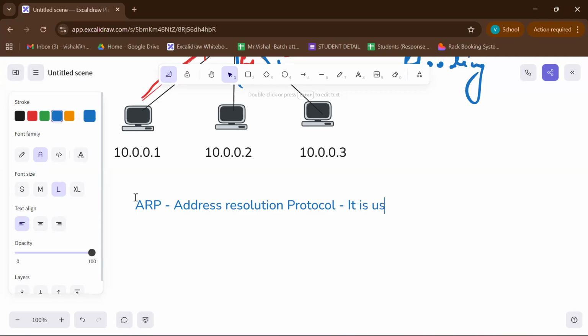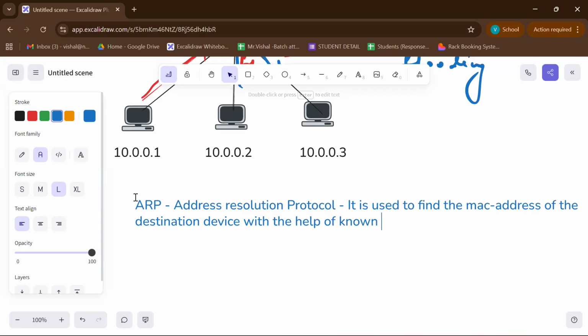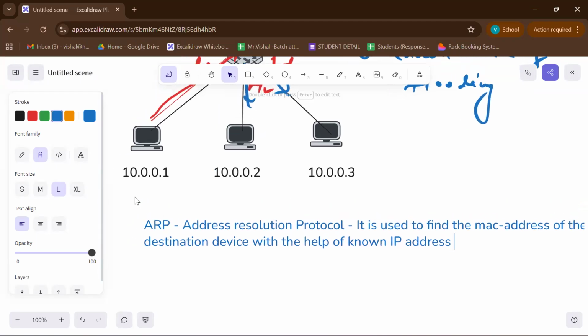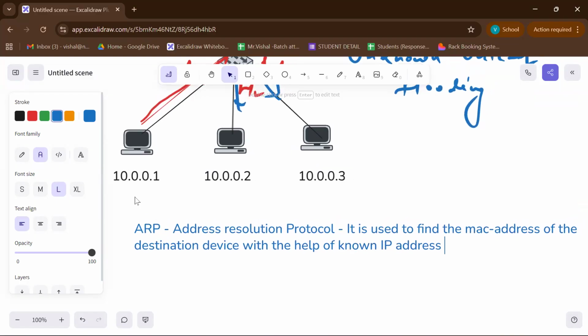It is used to find the MAC address of the destination device with the help of a known IP address. So it is a protocol that is used to find the MAC address of the destination device with the help of a known IP address.